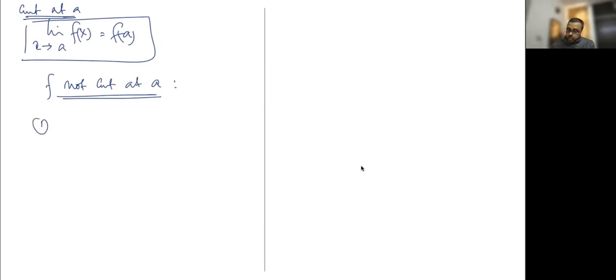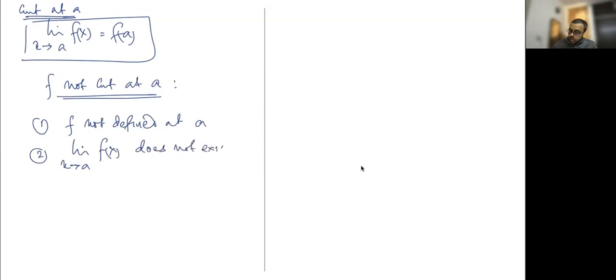If f is not defined at a at all, that is one. Two, the limit of f(x) as x goes to a does not exist.